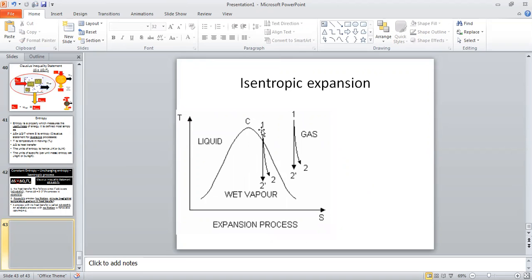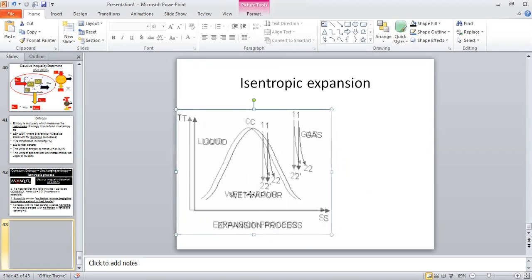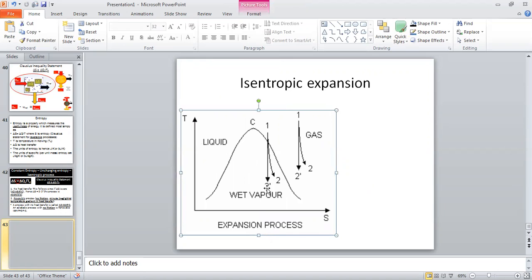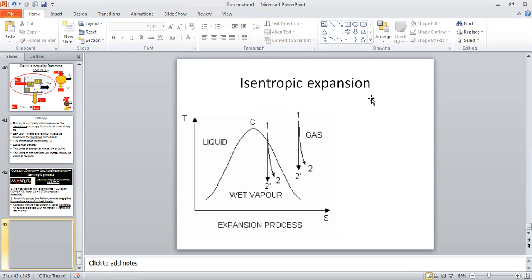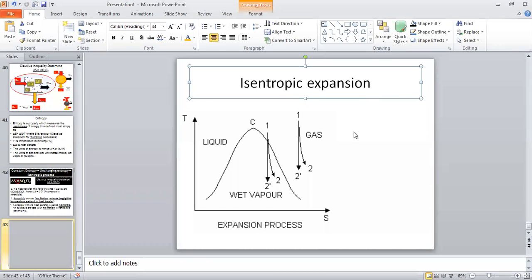entering at 1, it expands, if isentropic, straight down, constant entropy, like this, 1 to 2 dash. Okay. So if not constant entropy, this will be little higher in entropy. Okay, for expansion process.